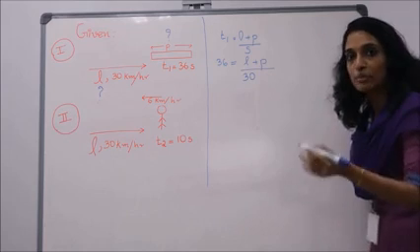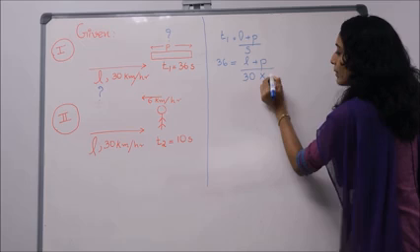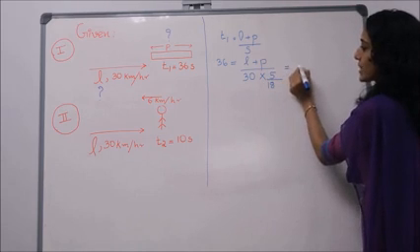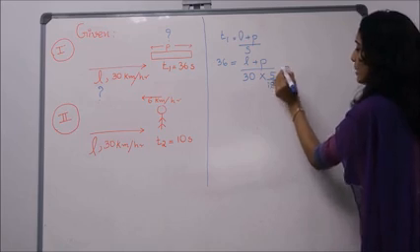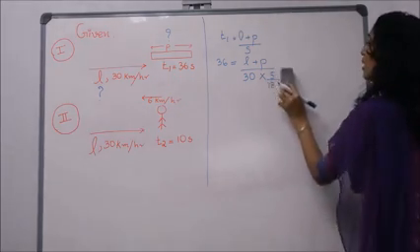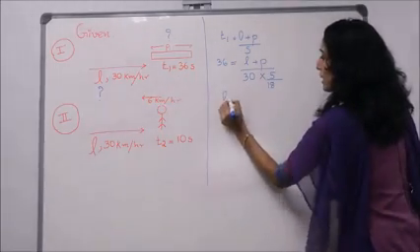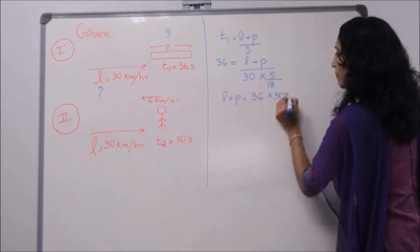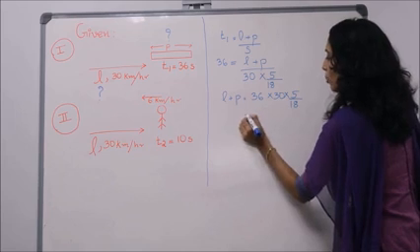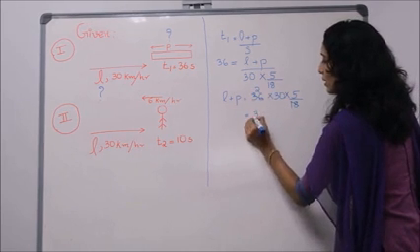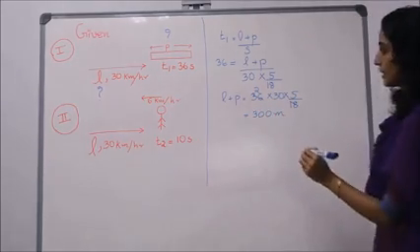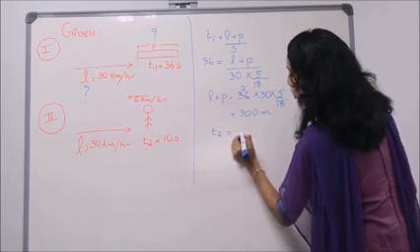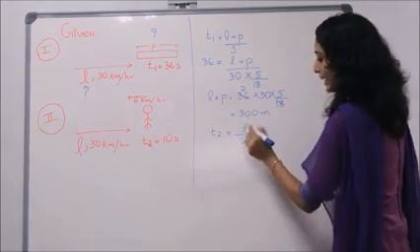So we need to convert it into meter per second by multiplying by 5 by 18, and we get L plus P is equal to 300 meter.